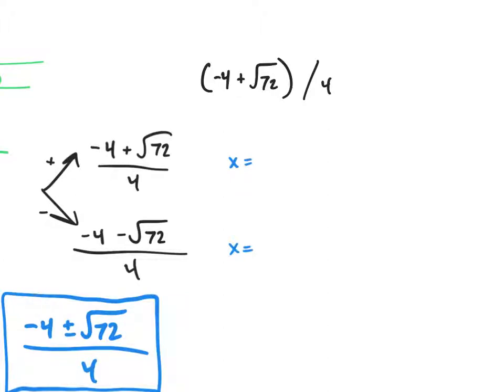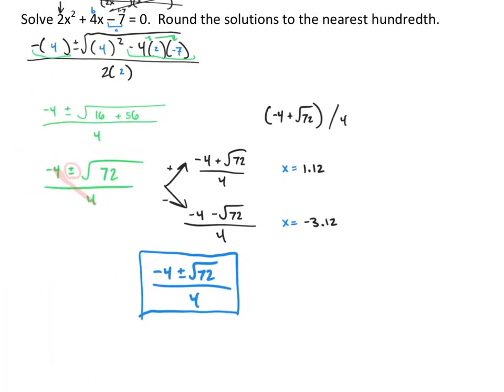And when you do that, what you'll get is x is about 1.12. And if you do that same thing on your calculator, except this time you do -4 subtract the square root of 72 and divide by 4, you'll get about -3.12. So it still tells me where I cross over the x-axis.